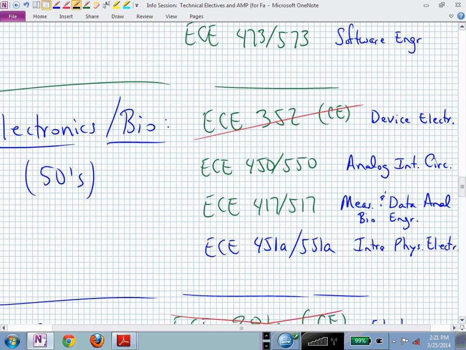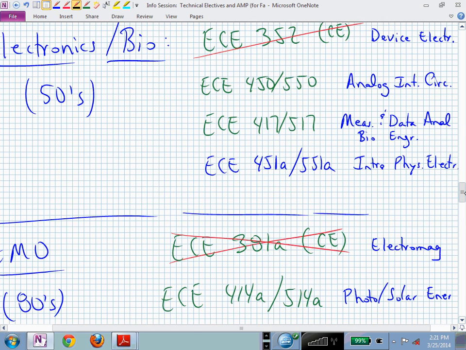Bioengineering, 417, 517, if you want to see how your electrical skills allow you to work with the human body, this is where you learn how to instrument and measure physical biological signals. You now get to walk around with something on your leg or arm and see if you can measure your physiological change. That's 417, 517.